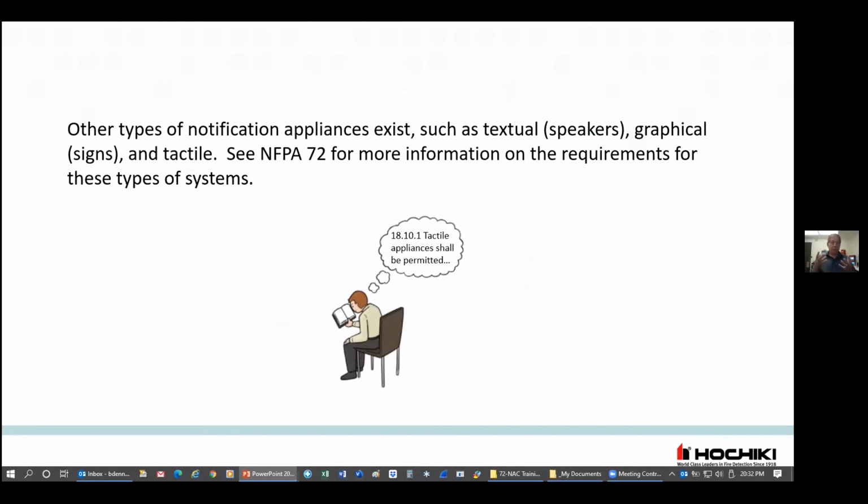They are pillow vibrating devices or bed vibrating devices. When the fire alarm goes off, it vibrates the bed, which will help to awaken people who are hearing impaired and notify them of the emergency. So all of these are considered in Chapter 18 of NFPA 72. For the requirements on those, you can check that standard.